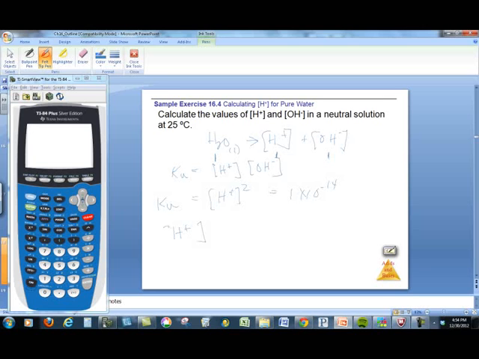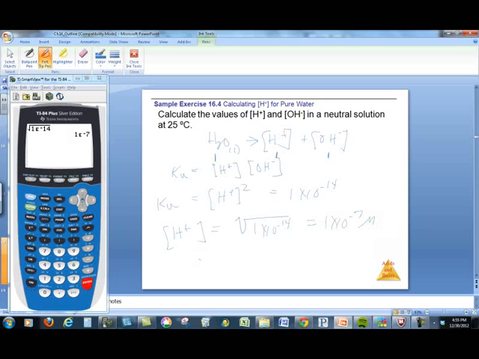the H plus concentration is going to be the square root of 1 times 10 to the minus 14. If I plug that in, second square root 1 second EE negative 14, I get 1 times 10 to the minus 7 molar.